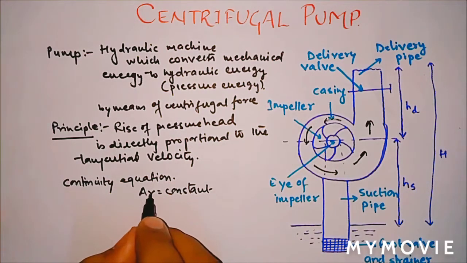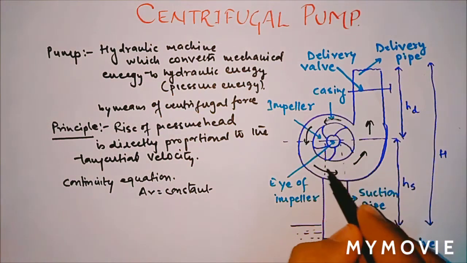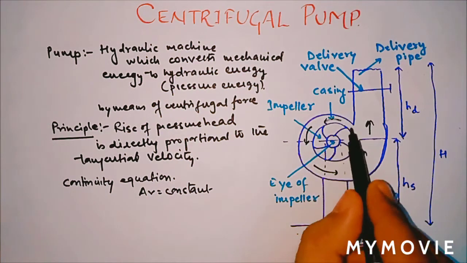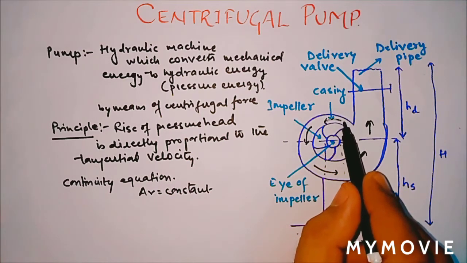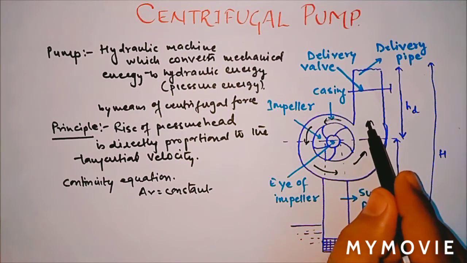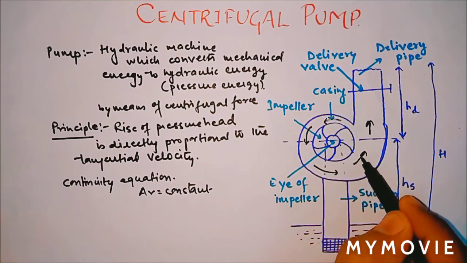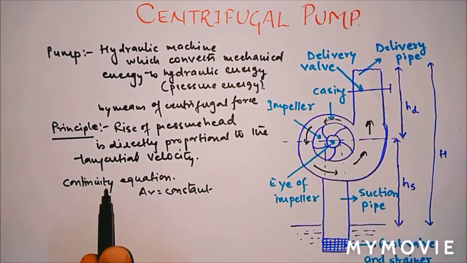That means the product of area and velocity is constant at any point on the flow. So when area increases, velocity decreases, and when velocity increases, area decreases. Here in this casing, the area is less and gradually the area is increasing till here. So as the area increases, the velocity will decrease by the continuity equation.